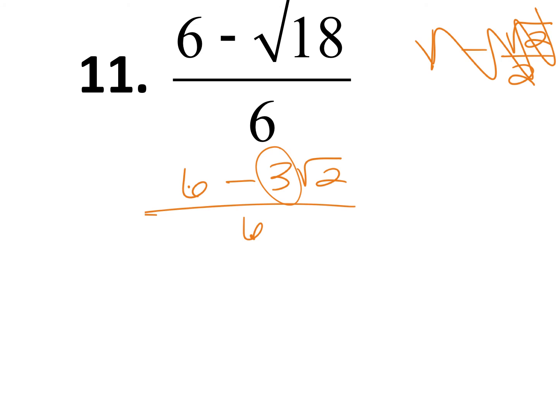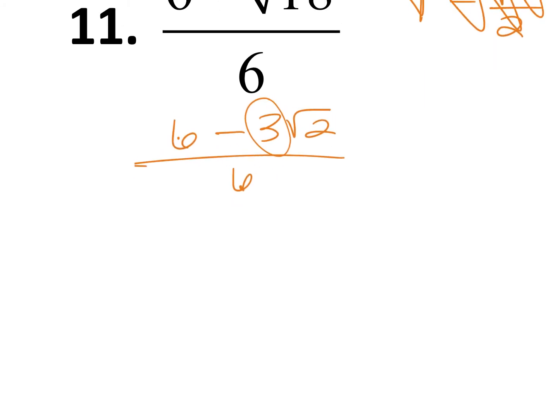So what we would do here is I would separate it. I would call this 6 over 6 minus 3 rad 2 over 6, right? That's perfect. You're able to do that. We're just turning it into 2 separate fractions that we're working with. So 6 over 6 is 1 minus 3 over 6 would be 1 over 2.